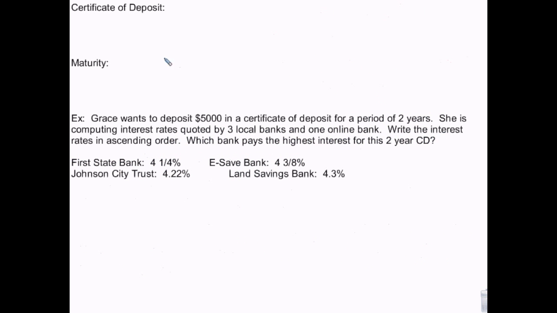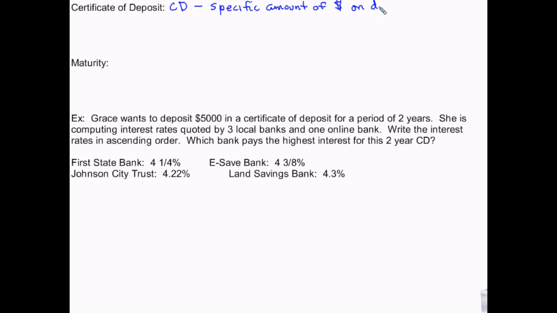Next is a certificate of deposit. These are CDs, okay? And a CD pays pretty high interest, but you have a specific amount of money. So there may be a $500 CD, a $1,000 CD, a $5,000 CD, a $2,000 CD, $1,500. It's a specific amount of money.